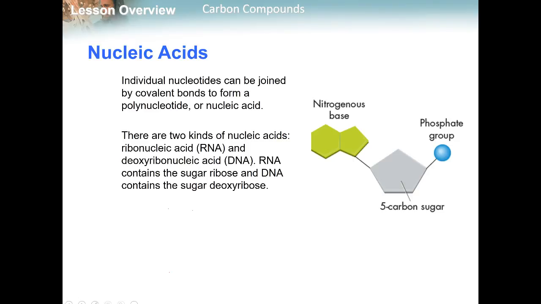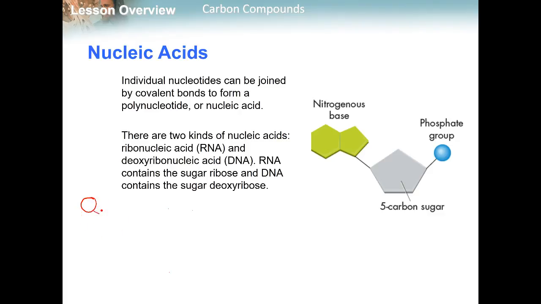So, as far as the nucleic acids are concerned, I want to draw what a nucleic acid would look like. And I'm not an artist, so bear with me. So, the phosphate group. Every time we see a phosphate group, it's going to be represented by a circle.